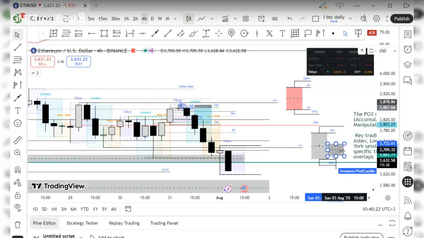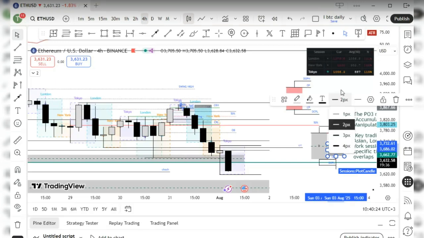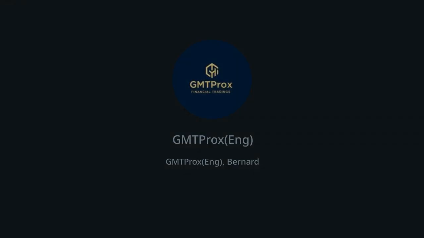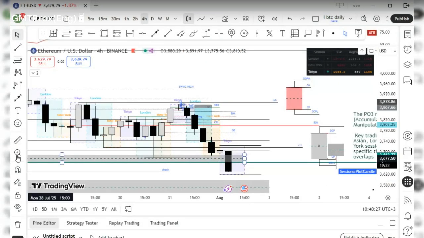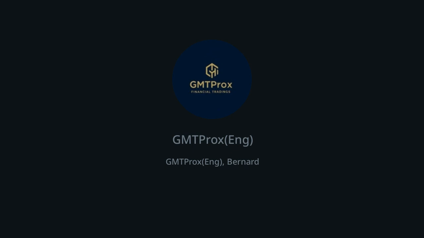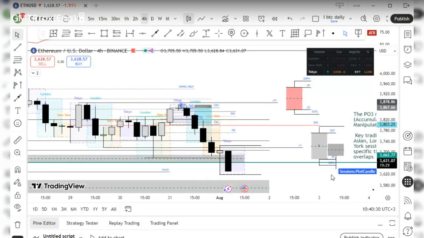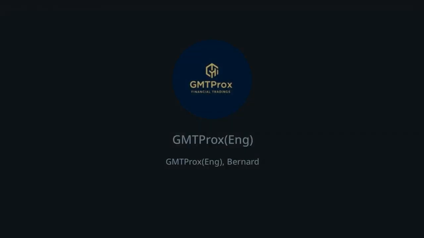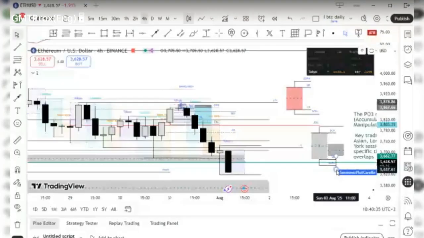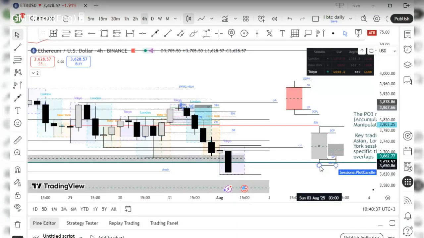Now what you need to see is a long wick. This one here is a wick. A long wick breaks out of the low, breaking the Asian market. So this is the Asian market.